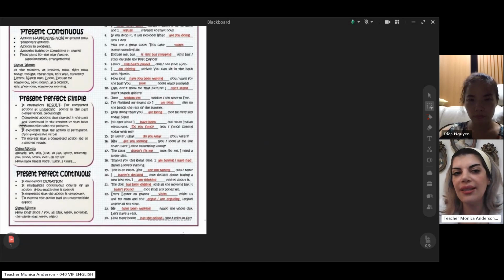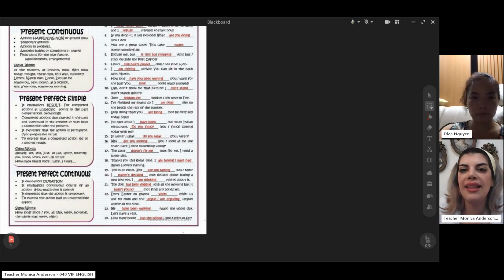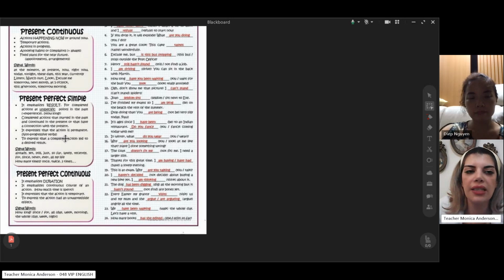But the most important part of our discussion is present perfect, which we discussed yesterday. Now we're going to continue the rest of our discussion about present perfect. We said that it emphasizes an action that started in the past and may still continue to the present. Present perfect simple is subject, have or has, and the past participle of the verb.